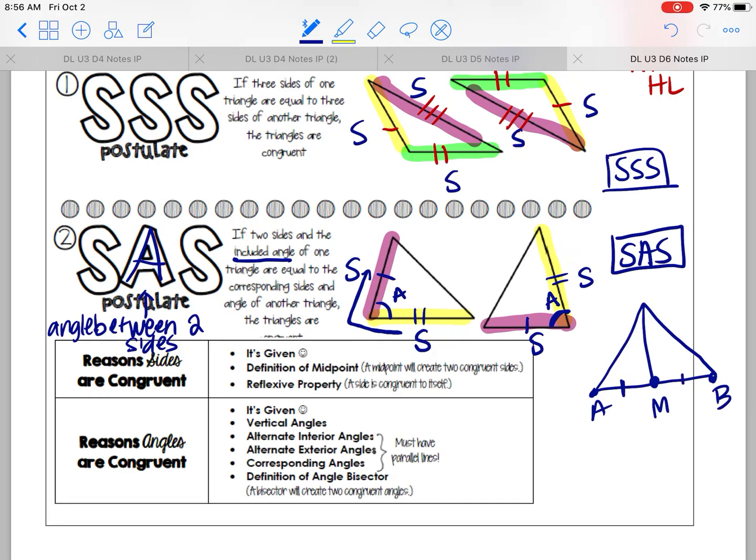So therefore, you can come back and place those ticks because M is a midpoint. And you can conclude that segment AM is going to be congruent to segment MB. Again, definition of the midpoint, automatically you should remember that the midpoint will create two congruent sides.